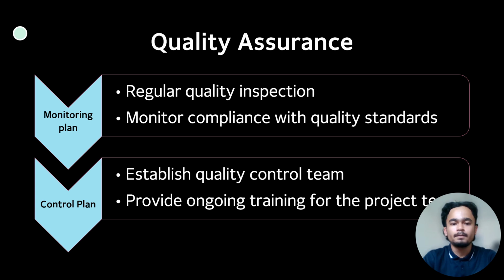For the control plan, we will establish a quality control team which will handle the quality inspection and also any issues regarding compliance. And then the next control plan is to provide ongoing training for the project team to educate and guide them regarding quality inspection and also quality standards.